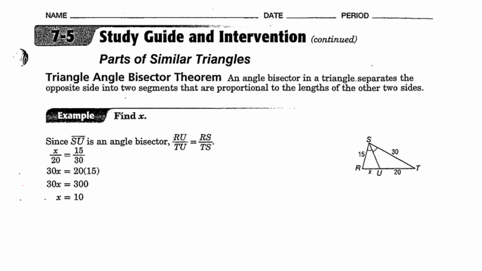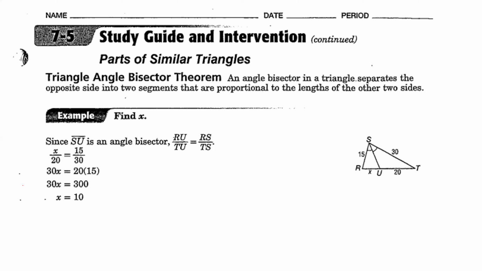So parts, again, these parts are just in one triangle, not two different ones. We have an angle bisector drawn in. And the two sides of that angle that was being bisected will be proportional to the two parts on that third side that were split by the angle bisector.